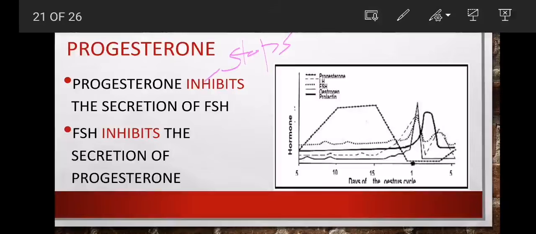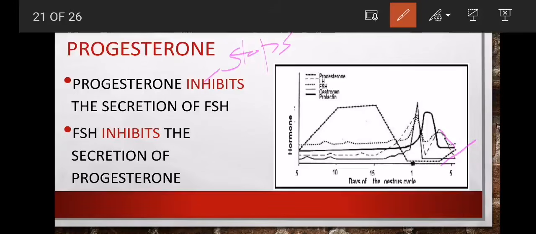Let's look at what we have here. This is my progesterone. What is happening with the progesterone from day maybe 2 or 3? It's increasing, right? If the progesterone is increasing, what happens to the level of FSH?